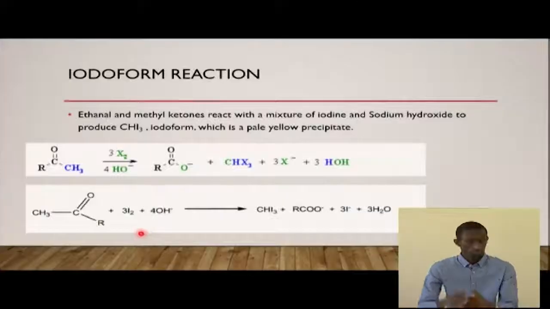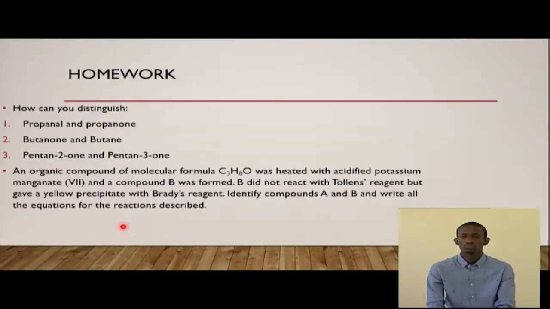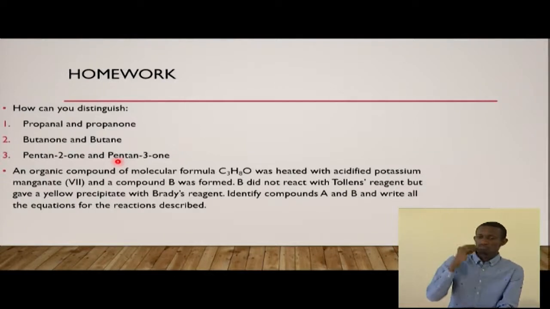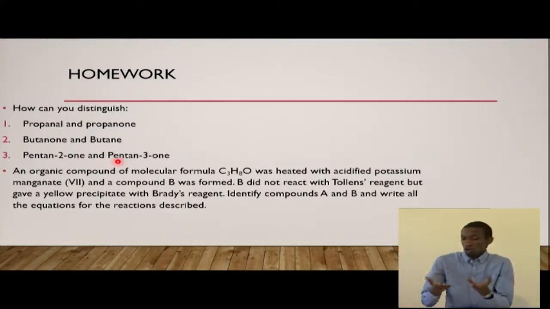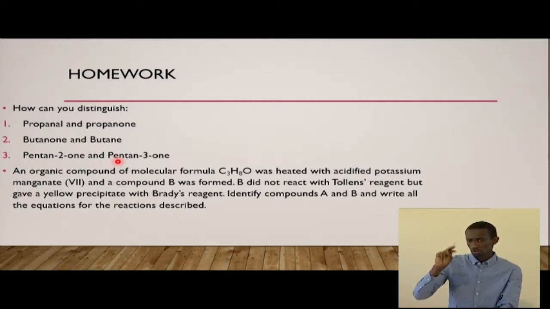And next, we have your homework here. We have discussed a lot how we can distinguish the aldehydes and ketones from other organic compounds, aldehydes and ketones as carbonyl compounds, and distinguishing ketones which have different structures.